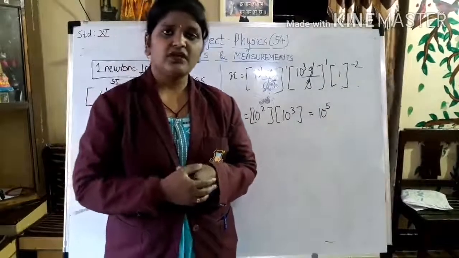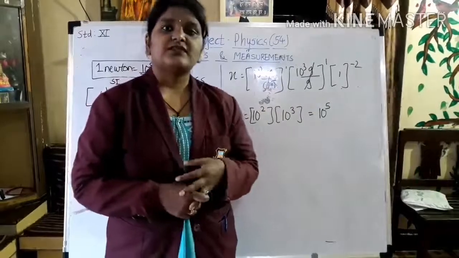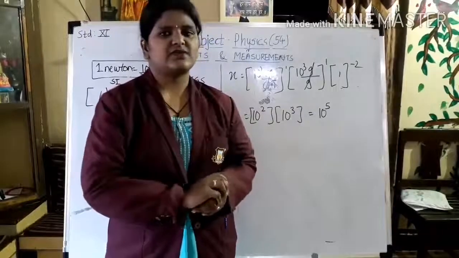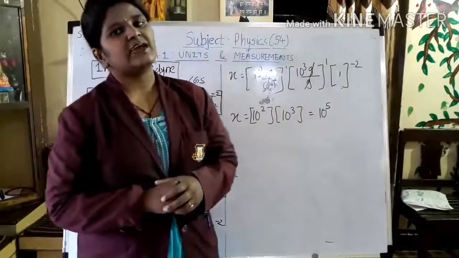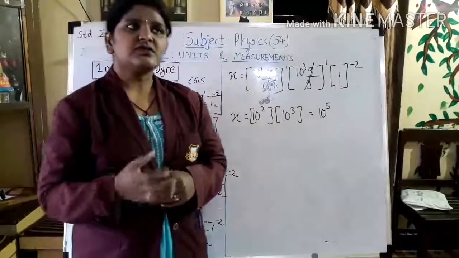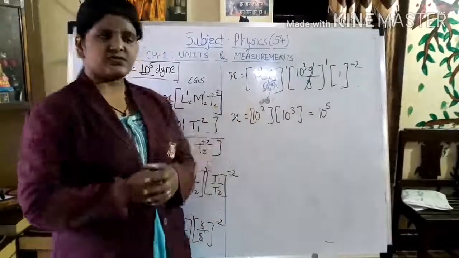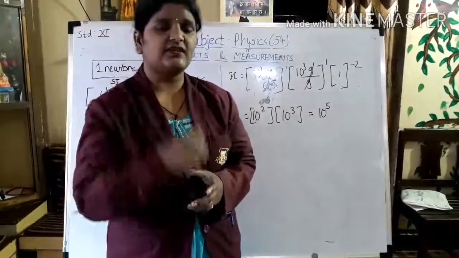Okay, so after studying dimensions, then uses of that, there should be some errors between that, right? So there are some errors, and the errors are nothing but limitations to use dimensional analysis. Now what are the limitations for the same? As we have done many equations for these uses, we have derived the relation between T, L and G, right, for the second use.